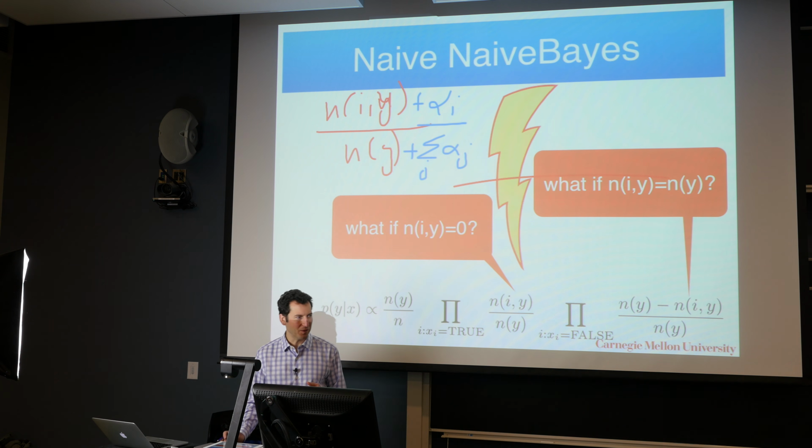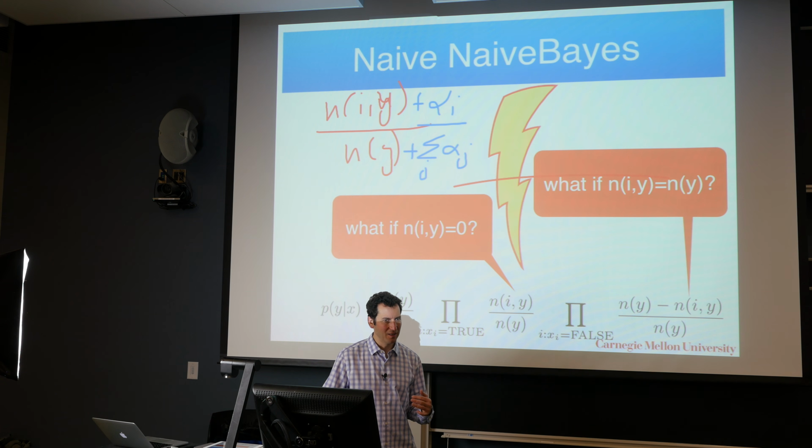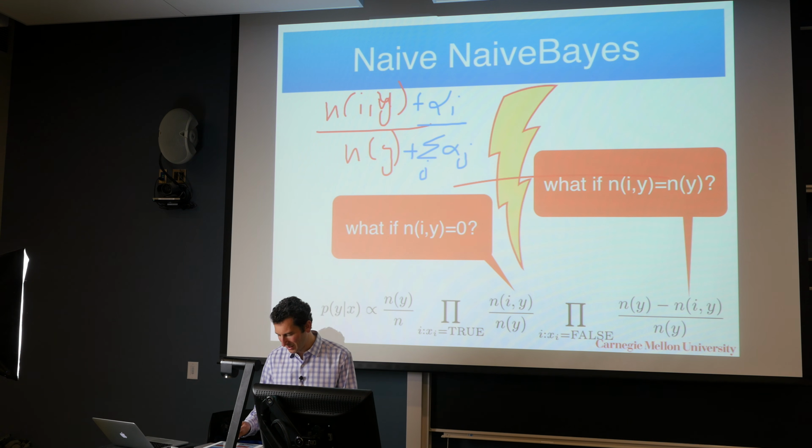So basically what I'm doing is adding a small extra to my counts, such that the zeros now turn into something that's still quite small but not quite 0 anymore. And of course I need to normalize appropriately in the denominator to make sure that the probabilities sum up to 1 again.